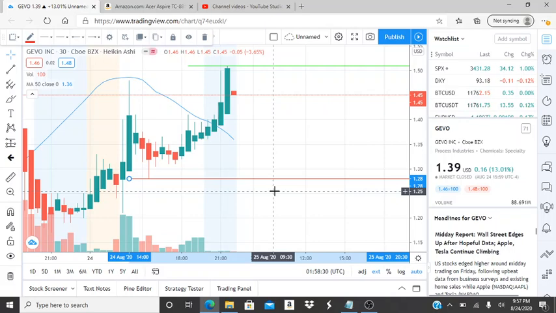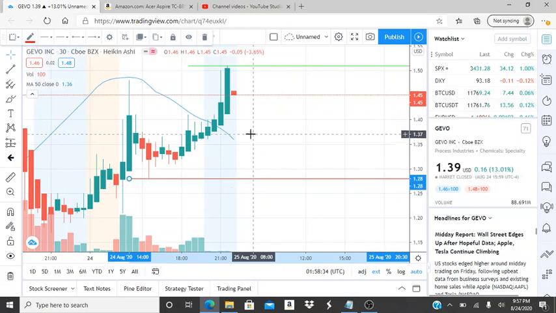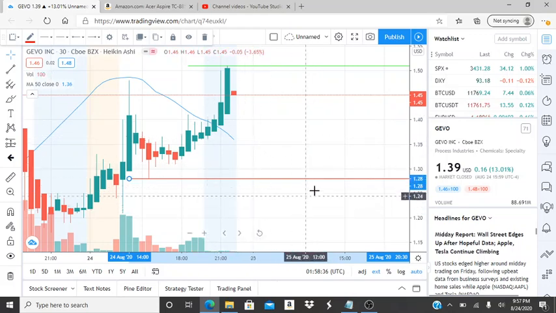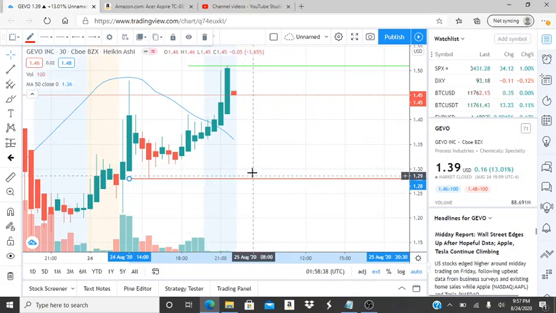So 128 getting crossed is not just the support getting crossed, but the 50-day moving average, and we're now in bearish territory. Now, to give you guys another point of reference to look at is way up here at 131. It's just a 3-cent difference, but if that gets crossed, that can give you an idea that it may be on its way to 128, and pay close attention to the behavior.